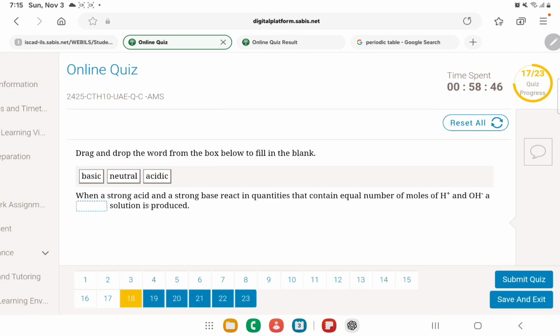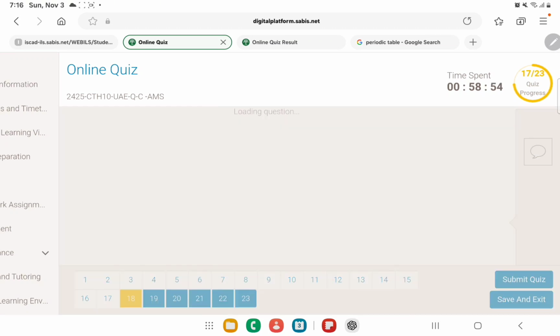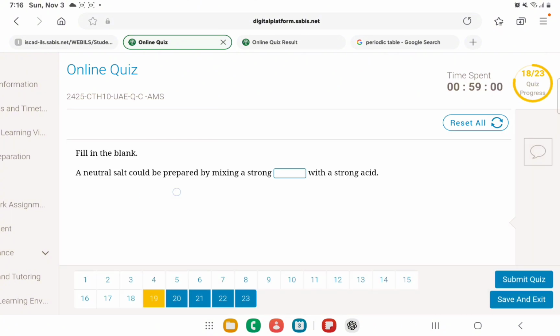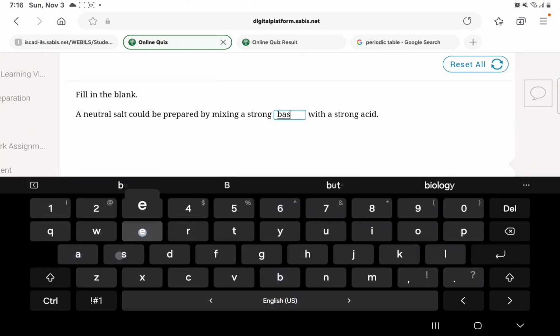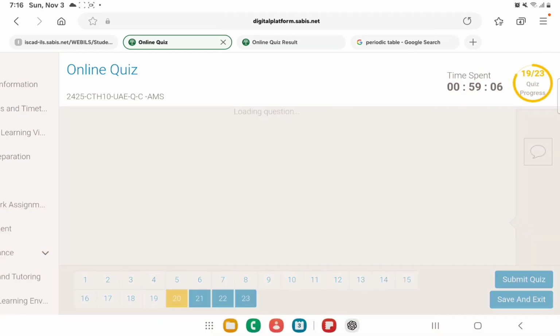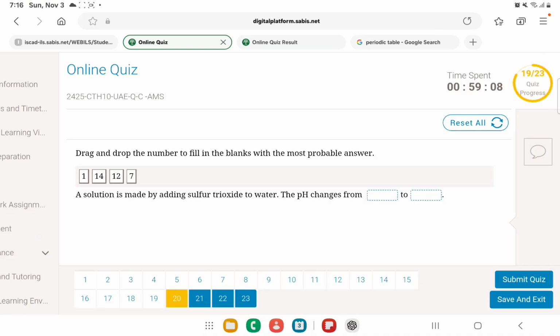When a strong acid and a strong base react in quantities that contain equal number of moles of H plus and OH minus, a neutral solution is produced. A neutral salt could be prepared by mixing a strong base with a strong acid. A solution is made by adding sulfur trioxide to water.